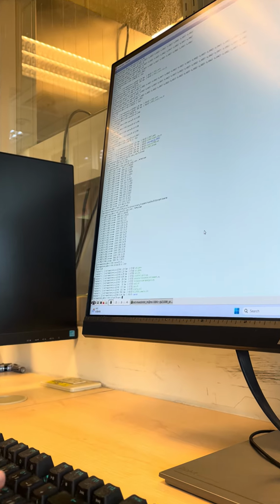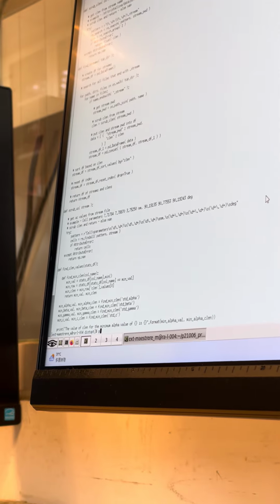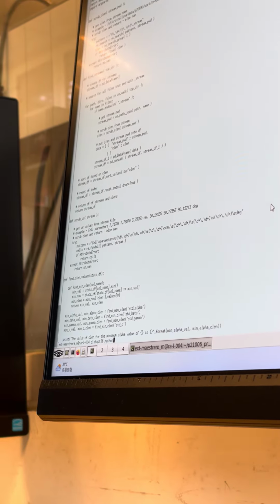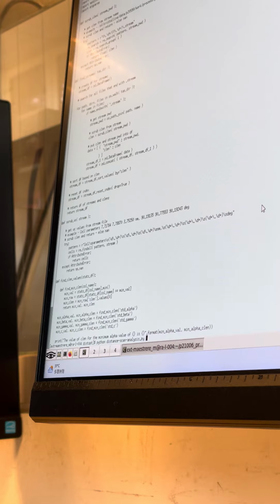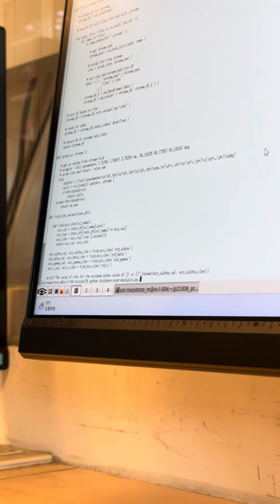Let me see if distance scan analysis. Was it this one? Yeah. Exactly. So hopefully this one works. Okay, so we can do python distance scan analysis minus f.